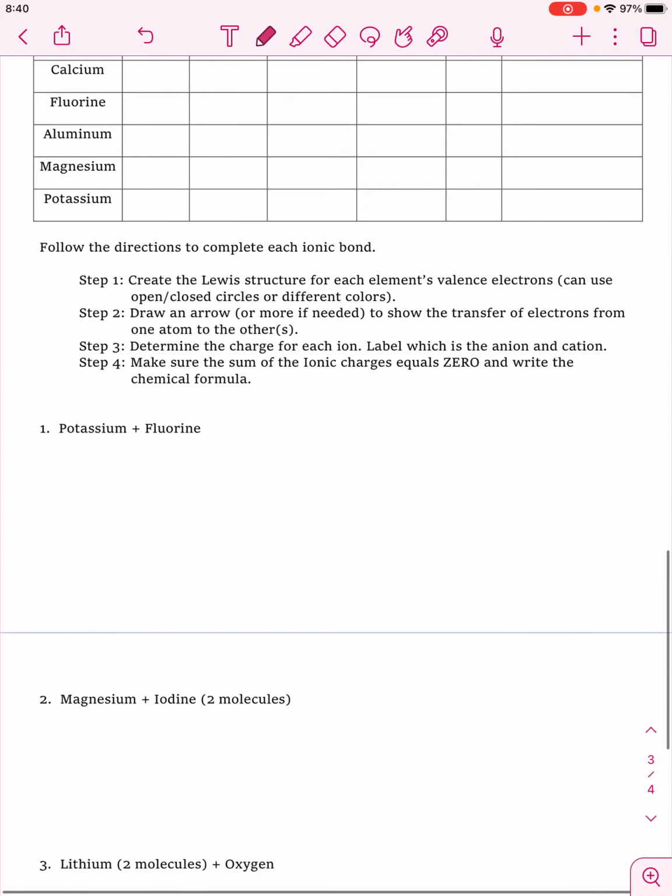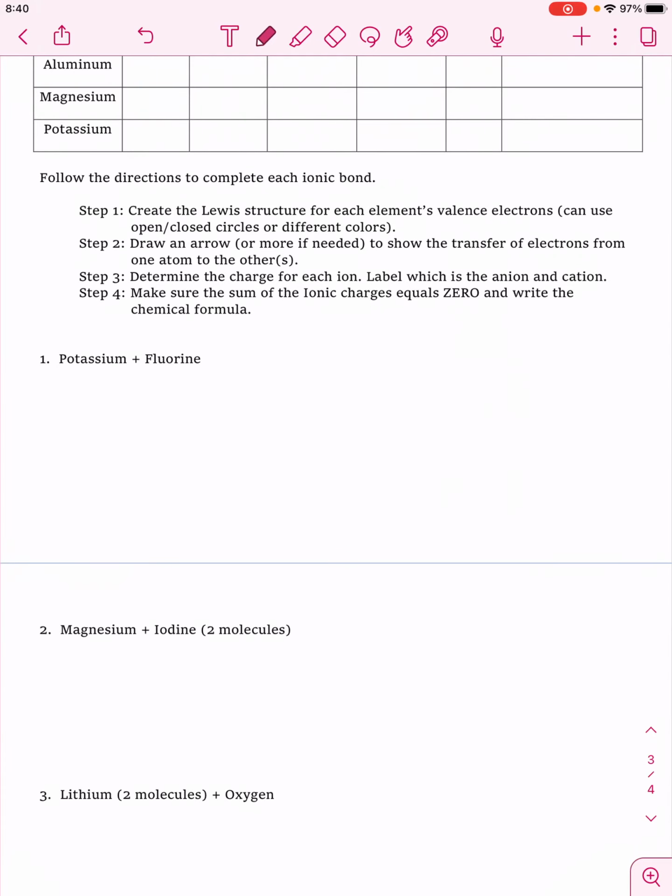All right, so for these, you create the Lewis structure for each element's valence electrons. Draw an arrow. Again, these are not circles. These are going to be arrows to show the transfer of electrons from one atom to the other. Determine the charge for each ion. I want you to label which one is the anion and which one is the cation.